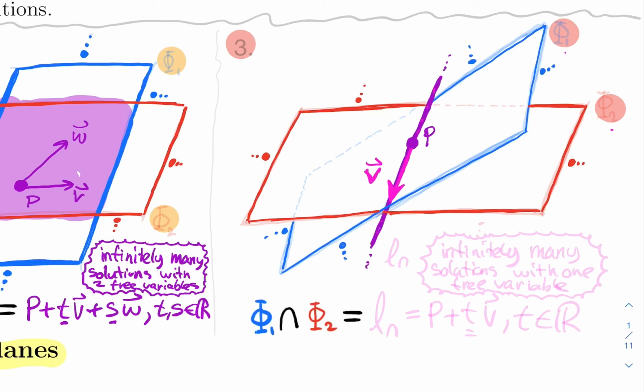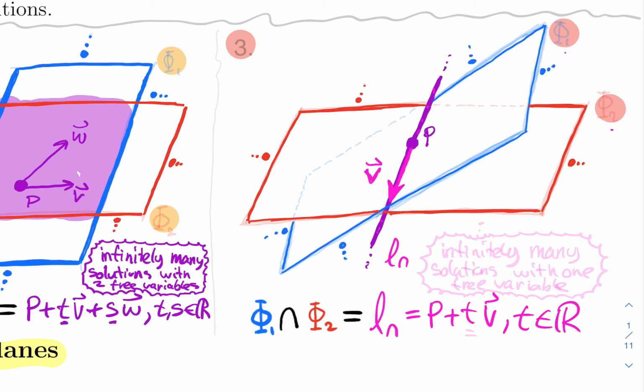But you only have one free variable in your general solution, because the object at the intersection is just one-dimensional. So the intersection between phi1 and phi2 is a line. Typically, we call that line L intersection. You can write it as a vectorial equation: P plus T times V, where T is a real number.